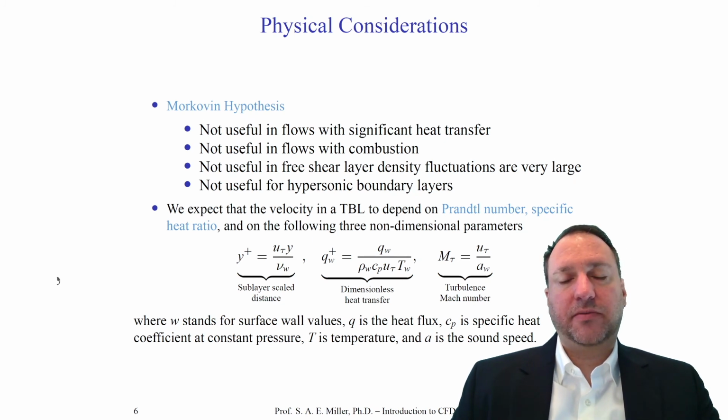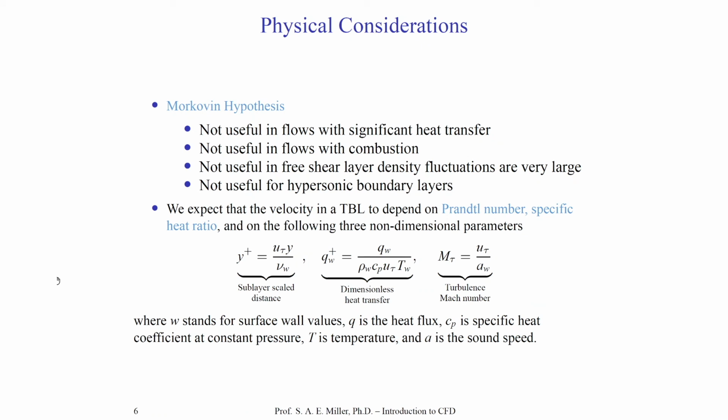Now, we would expect the velocity in the turbulent boundary layer to depend on the Prandtl number, the specific heat ratio, and the following three non-dimensional parameters. So we're really introducing two particular new non-dimensional numbers relative to the first to collapse the turbulent boundary layer. We need to put these physical considerations on a firm theoretical foundation, and that's what we'll do now. So here the y plus is still the same.